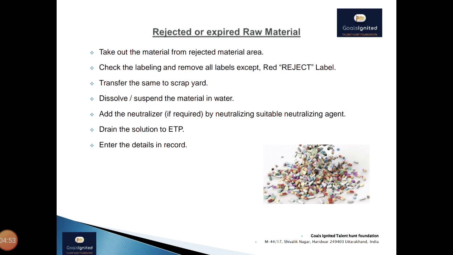That rejected label should be on the container or bags at the time of disposal and destruction. So transfer the same container or bags to the scrap yard, then dissolve and suspend the material in water if it is as per the procedure. If it is in water or any other medium, a proper dissolving process is required.